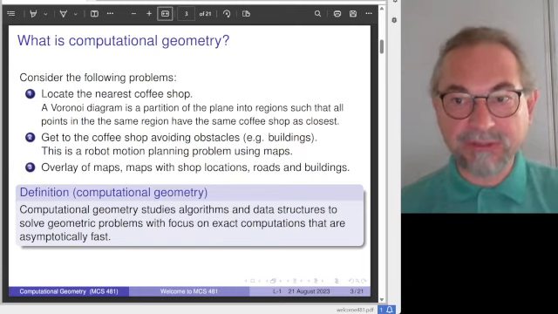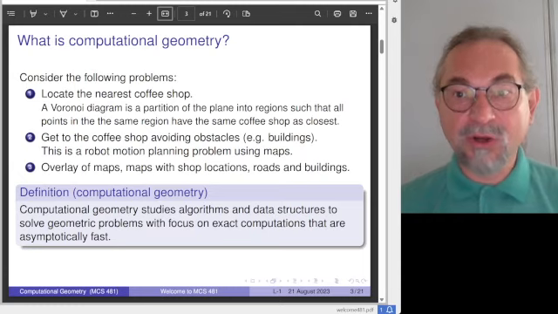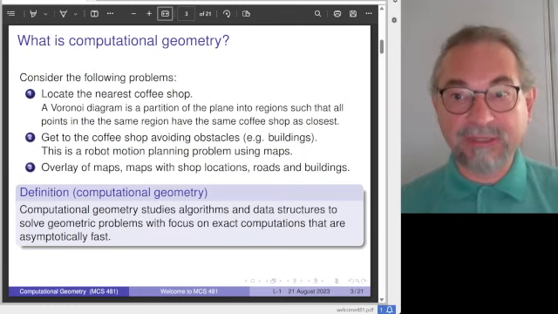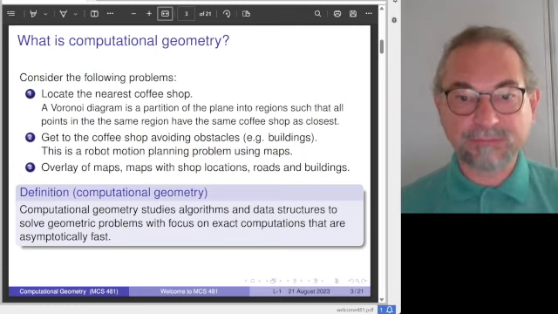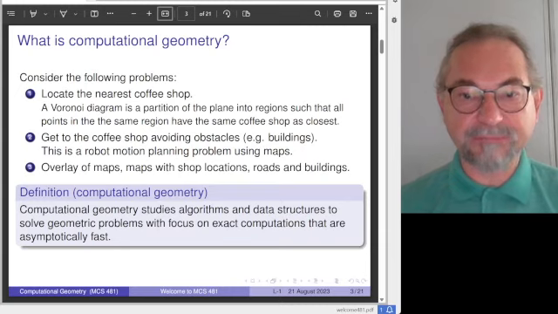But that would lead us into numerical analysis, and that's the reason why the focus is on exactness. Although we will address also today the issue of robustness: how do your algorithms behave if the input is changing?